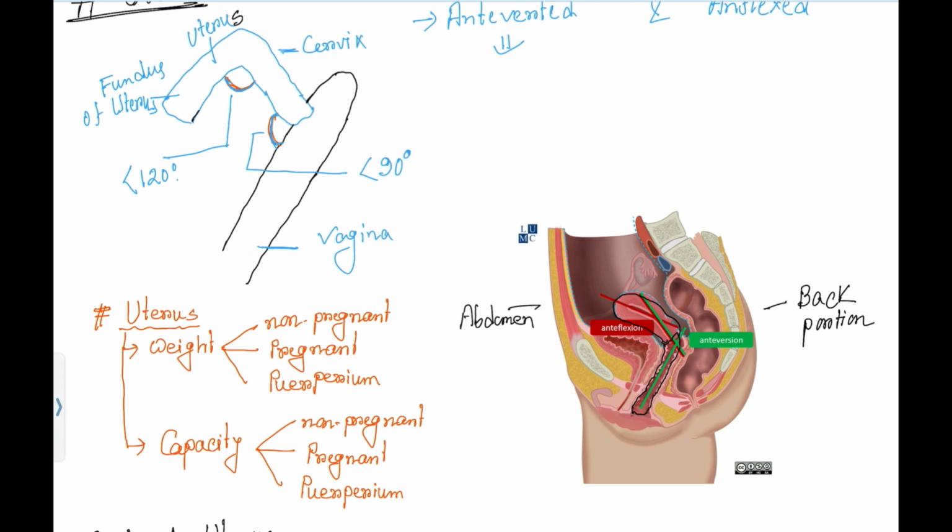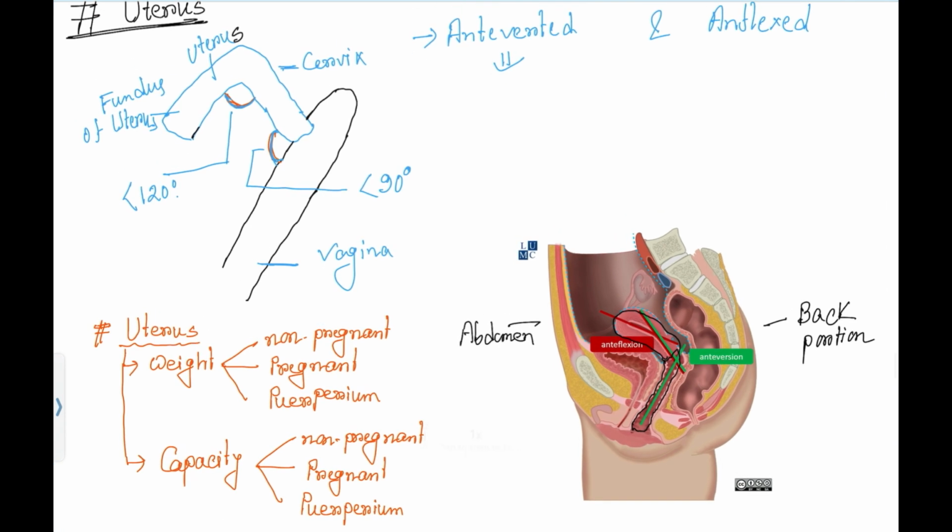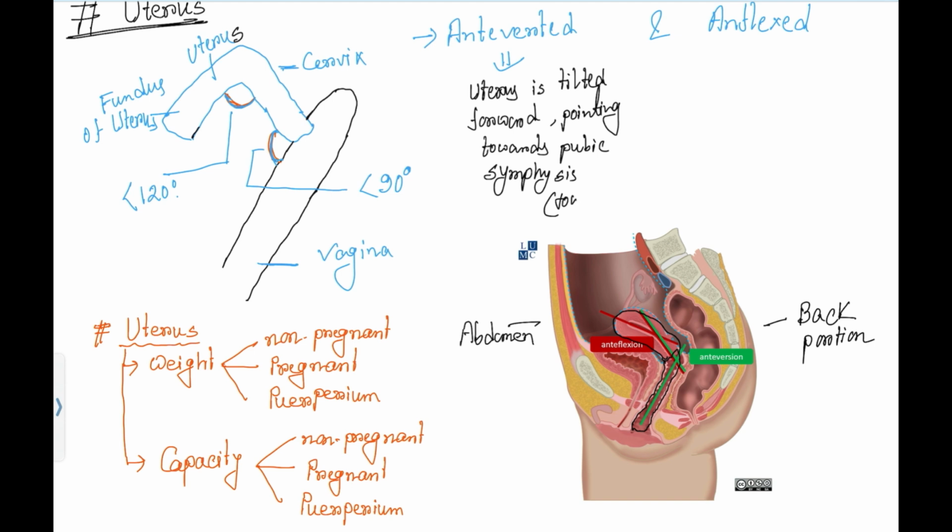So this uterus is bending towards the abdomen, or towards the pubic symphysis, and that's the meaning of anteverted or anteversion. So anteversion means the uterus is tilted forward and pointing towards your abdomen, or towards the pubic symphysis.